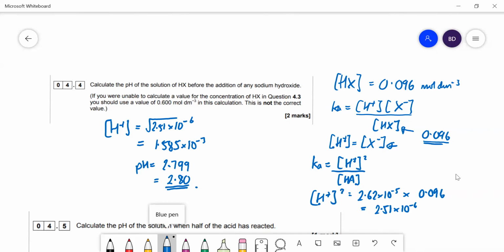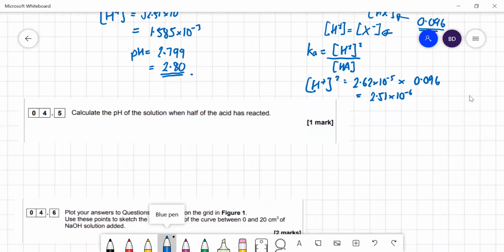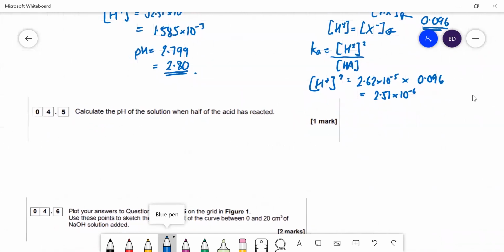The next bit says calculate the pH of the solution when half the acid has reacted. This is the half equivalence point. Ka is equal to X minus over HX.